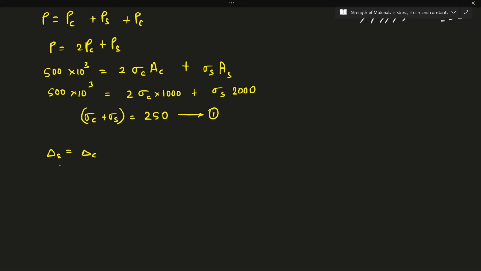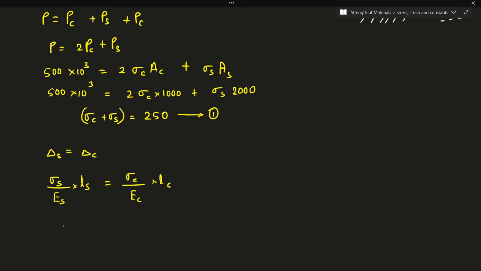So I'll only consider steel and copper. I'll compare these two. So the delta can be written in terms of stresses, that is sigma S divided by ES into the length LS. Again, that is equal to sigma C divided by EC into the length of copper.